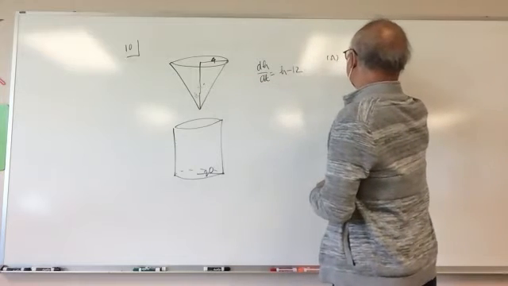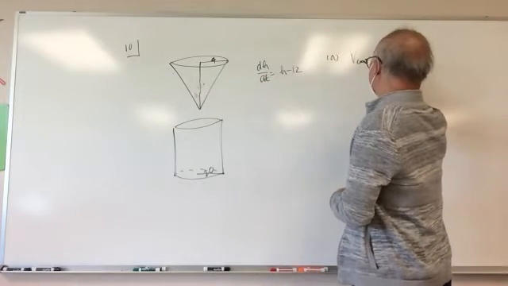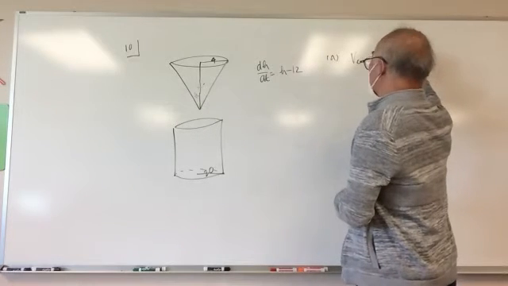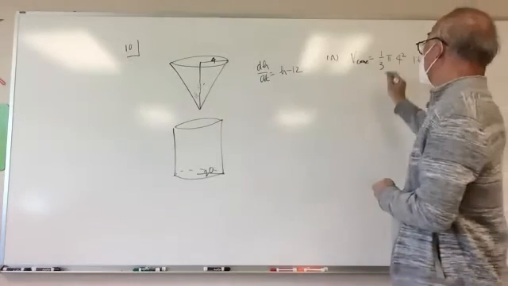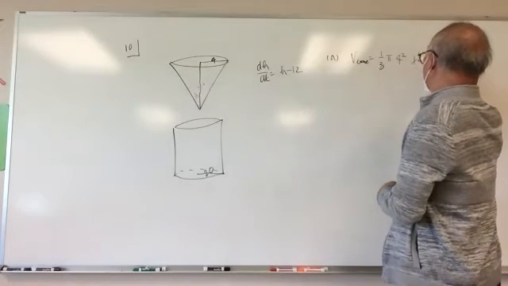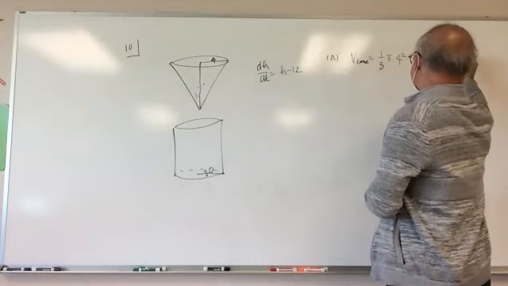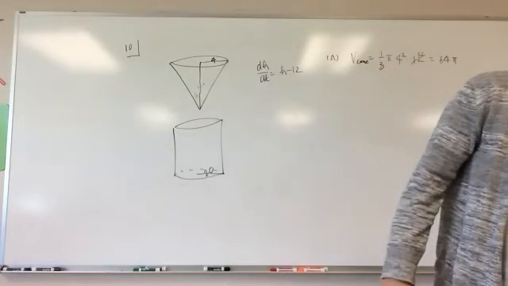The volume of the cone is equal to 1/3 pi r squared times h. No takers? 54 pi? All right.